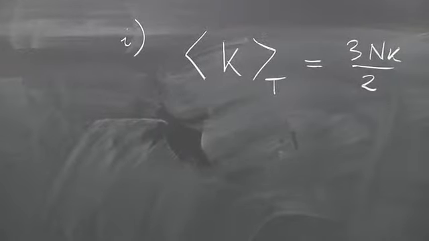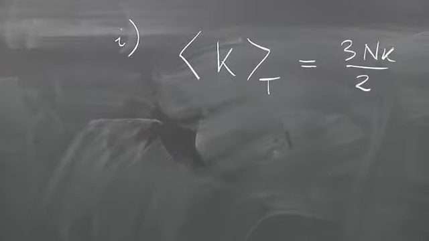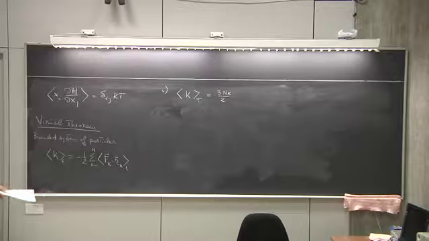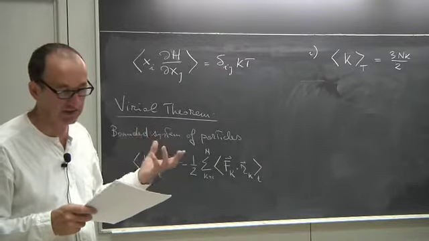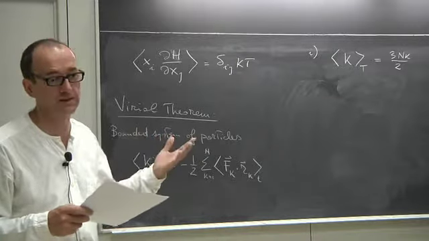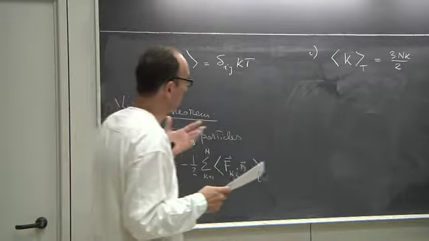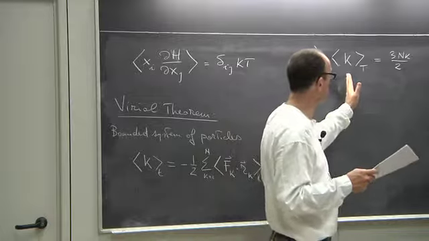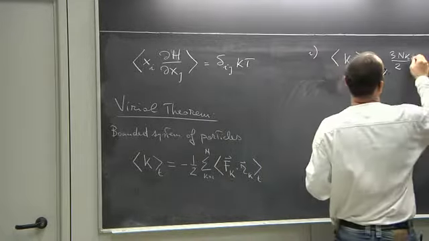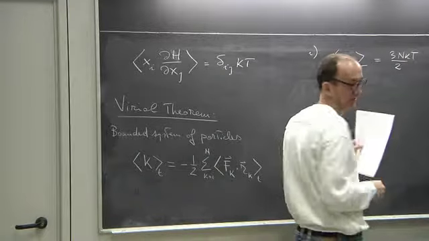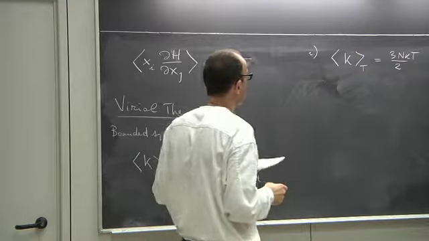Because the non-relativistic kinetic energy is just the sum of the momenta squared. So each quadratic degree of freedom just contributes half of kT. Okay.